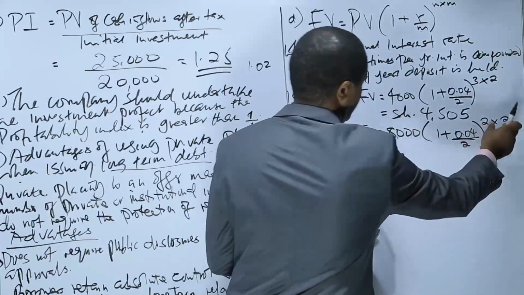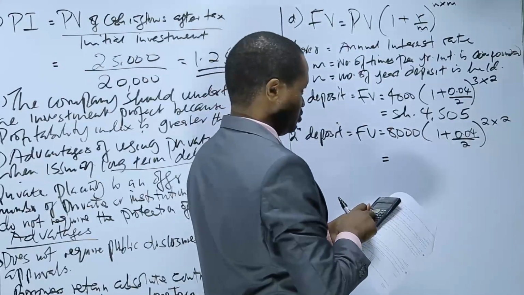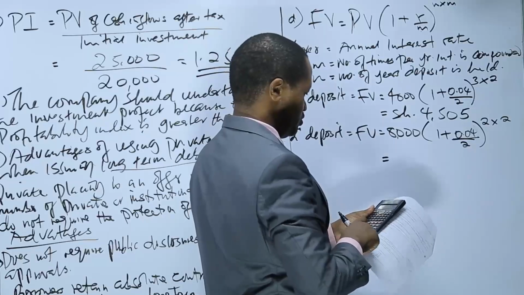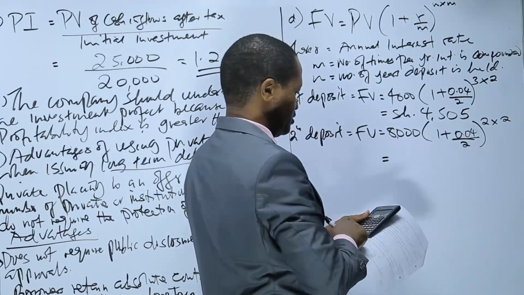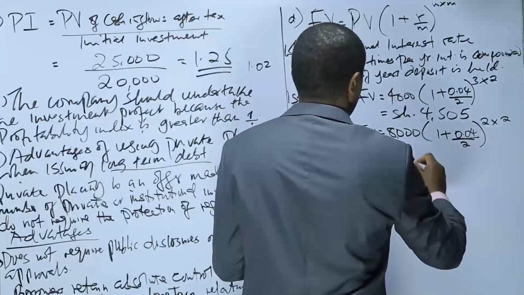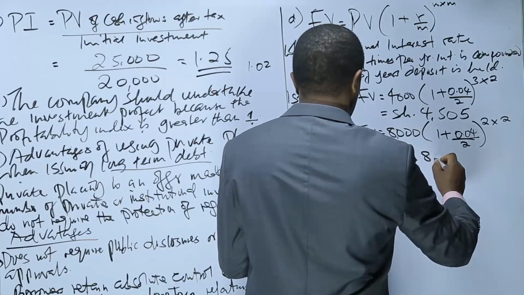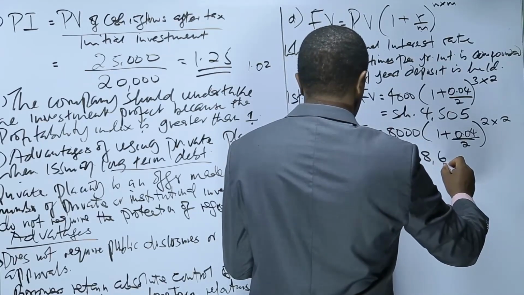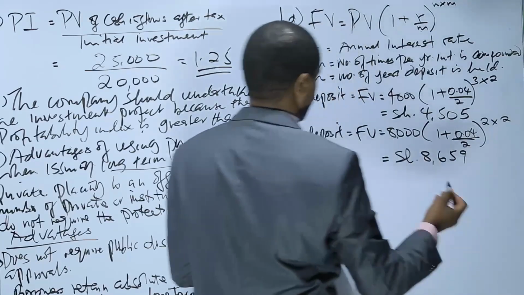Then I raise this to 4. It's 1.08 times 8,000. So the total amount after 4 years is 8,659 to the nearest decimal.